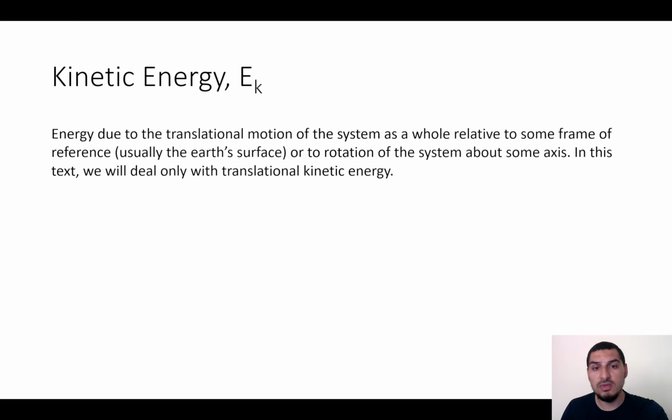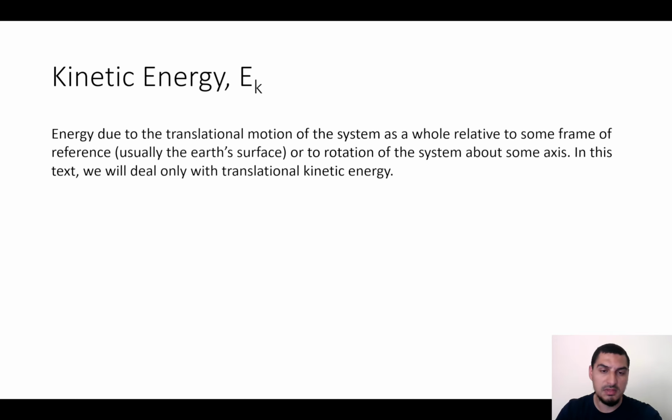There is another type of kinetic energy, which is the rotational energy, if the system is rotating around a specific axis. In this course, we are interested in the translational motion, which is the motion in a direction, not a rotational motion.